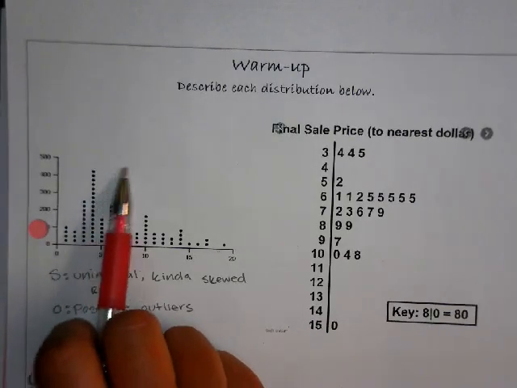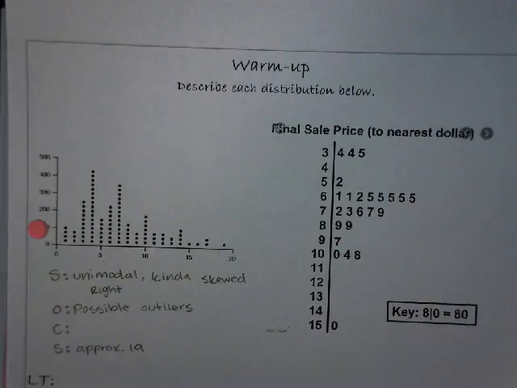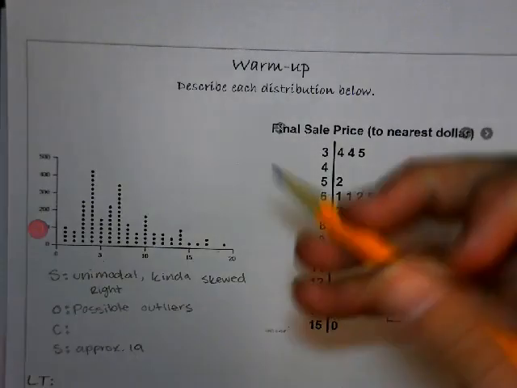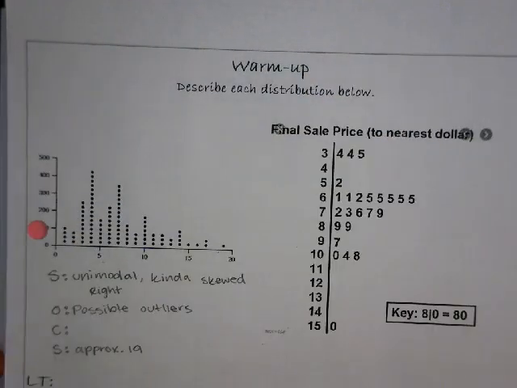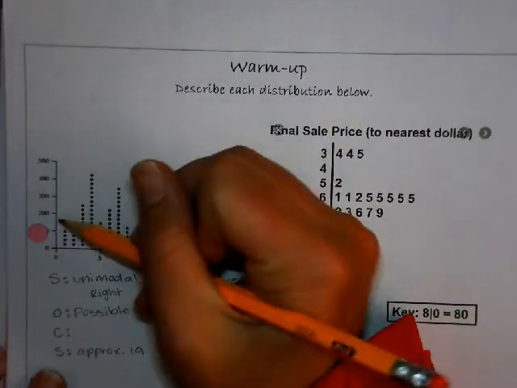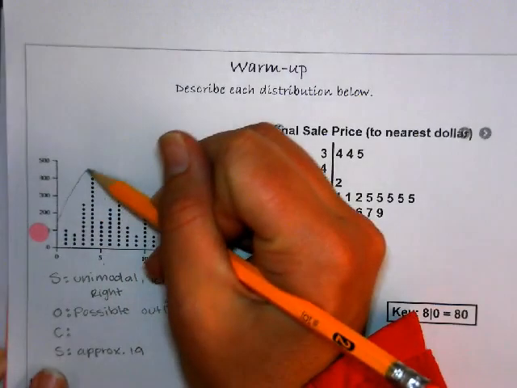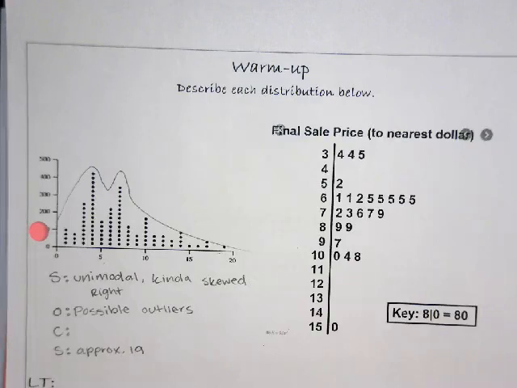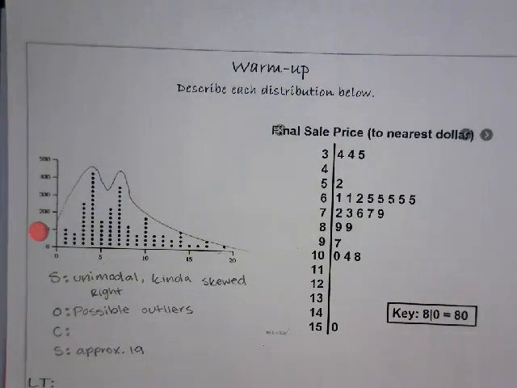It does fall a little in between, but if I were to sketch a line to create the shape of this distribution, don't do this, just watch. I would not go like this. That would be a bimodal set of data.